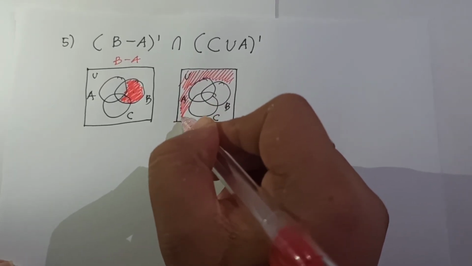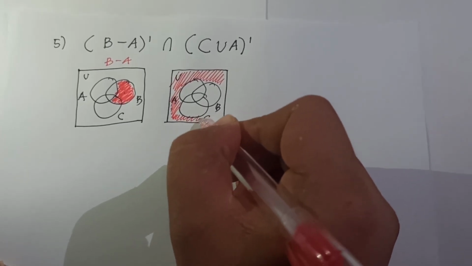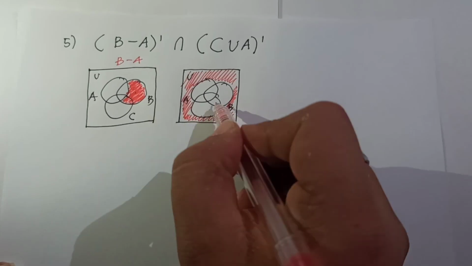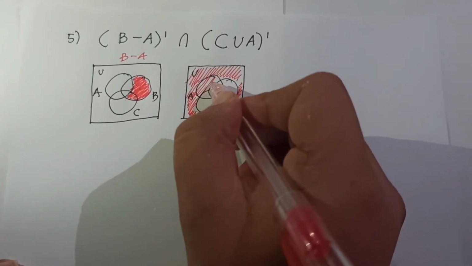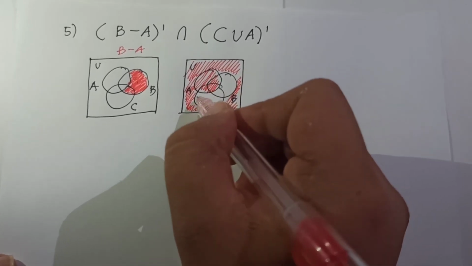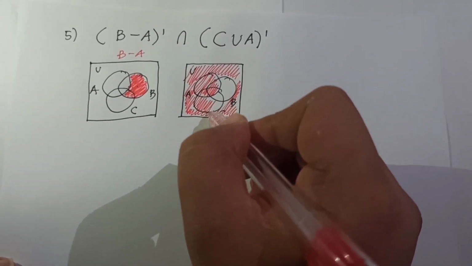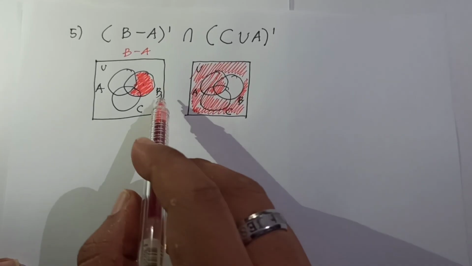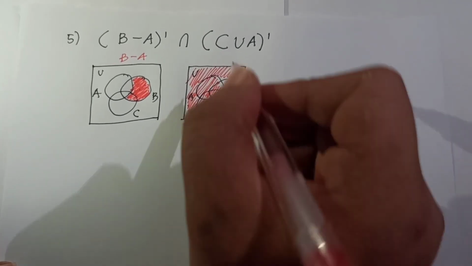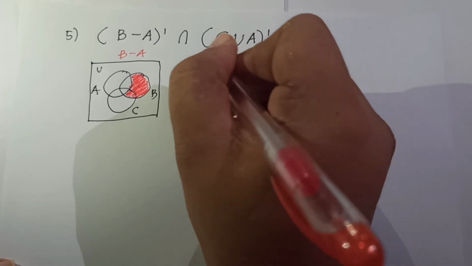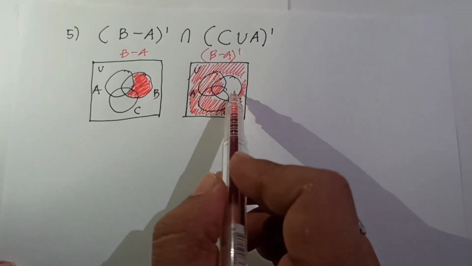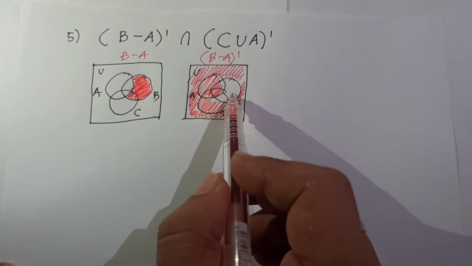Okay, the outside is included. Since only this is shaded, this is included. So whatever is not shaded is the B minus A prime. So it has shade. The complement of this one is the one without shade.